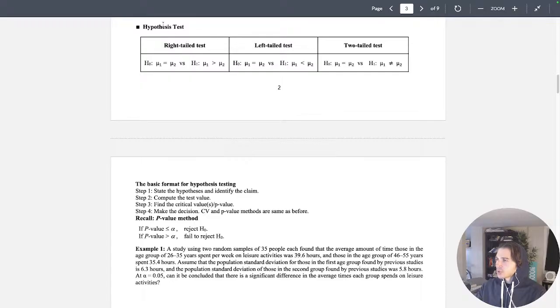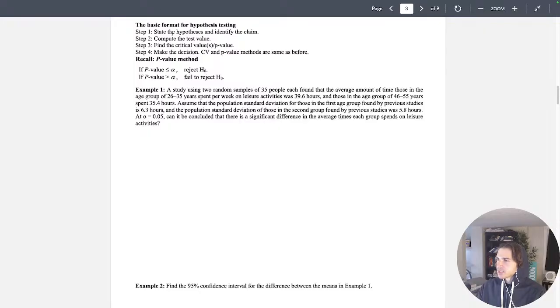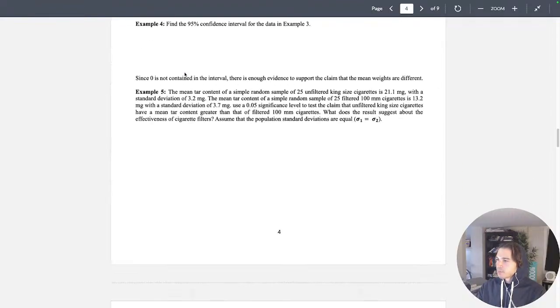And you can do the tests, and this time instead of comparing a mu to a mu naught, you just compare the two different mu's to each other. The basic format for hypothesis testing: state the hypotheses and identify the claim, compute the test value, find the critical values or p-value, make the decision. Critical value and p-value methods are same as before. Okay, and now a bunch of examples.